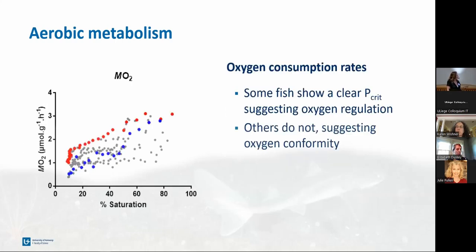Nevertheless, there's quite a bit of individual variation, and you see here in the red dots, this is one individual that shows a very clear critical oxygen level, just below 20% saturation, while another one here in blue seems to level off more linearly to the low oxygen levels. So some fish seem to regulate quite well, while others don't.